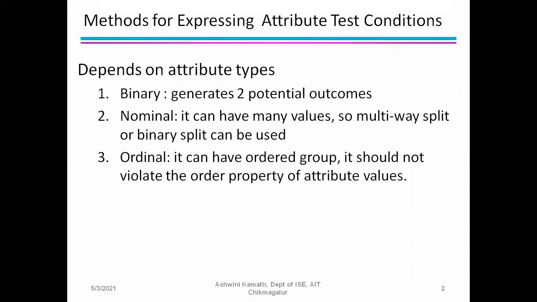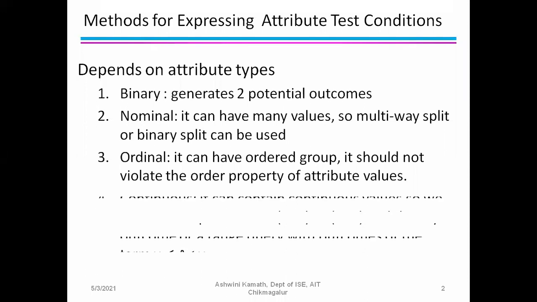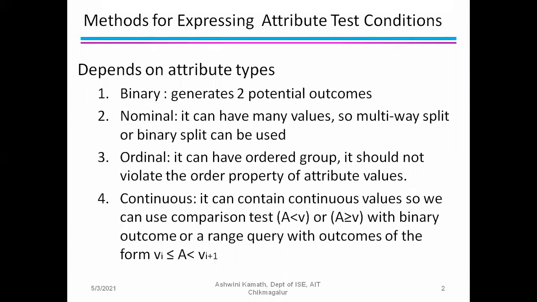Third one is ordinal. It can have ordered group. It should not violate the order property of attribute values. Fourth one is continuous. It can contain continuous values. So we can use comparison test like A less than V or A greater than or equal to V with binary outcome.